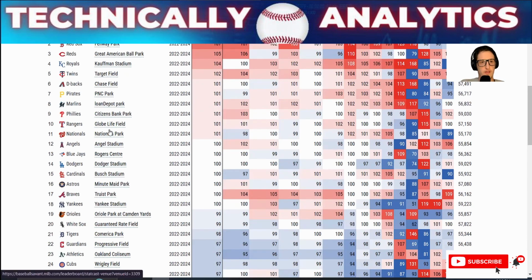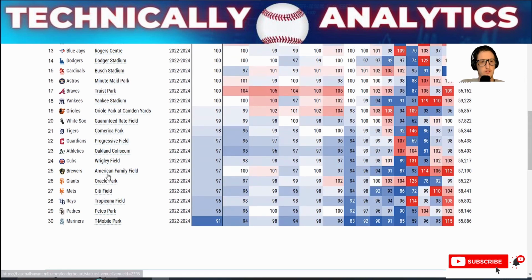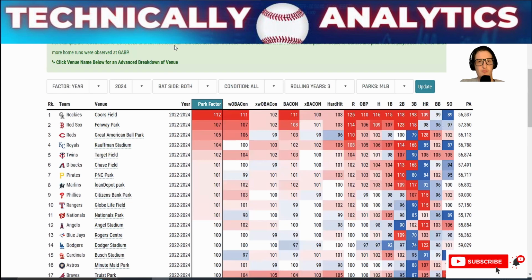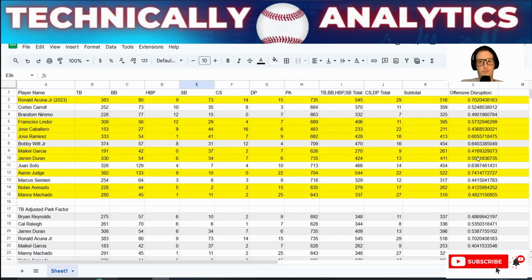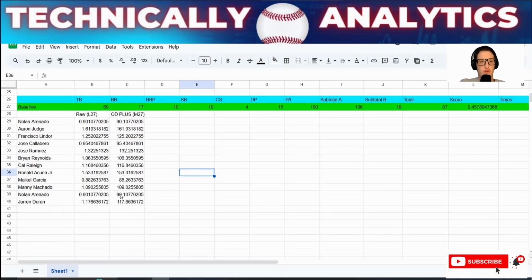And Maikel, I think Kauffman Stadium is a pitchers' park. Where is it? Oh yeah, here. No, that's a hitters' park. Sorry, hitters' park. So maybe Maikel got the benefit of the doubt with the park factor being a little bit better, and he did actually. He went up by about, I think, 6 bases. So his score did improve a little bit from what it was.